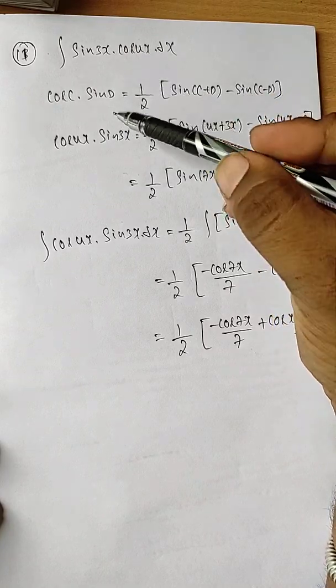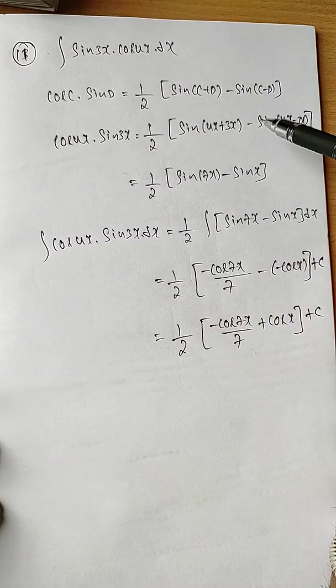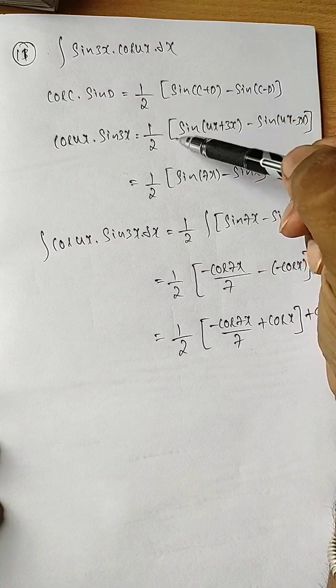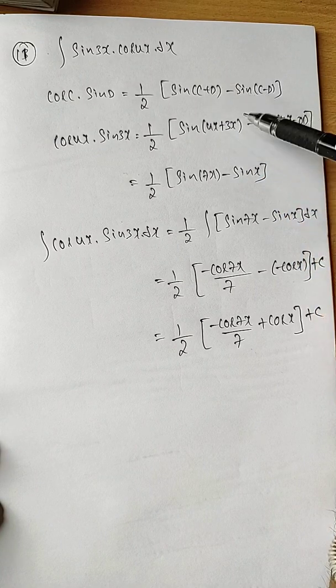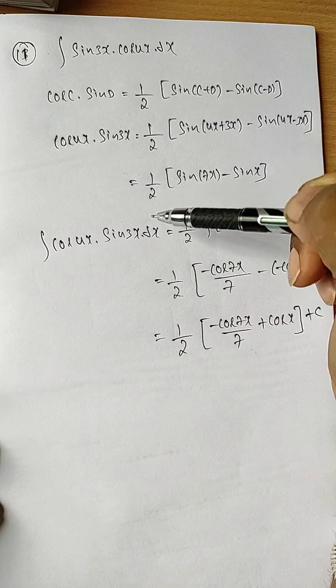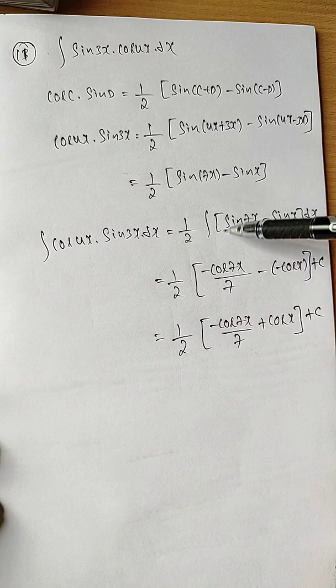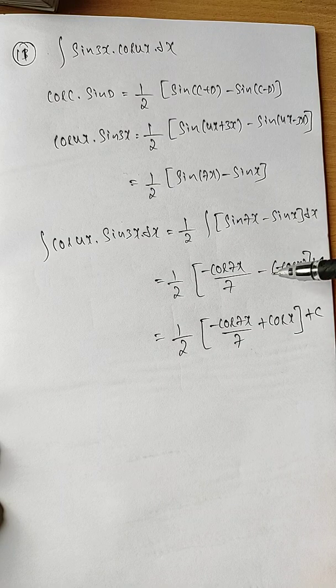Product form means you want to make use of the transformation formula. We have replaced on integration. The integration of sin 7x is minus cos 7x by 7. The integration of sin x is minus cos x plus c. Take a screenshot of this and copy it to your notes.